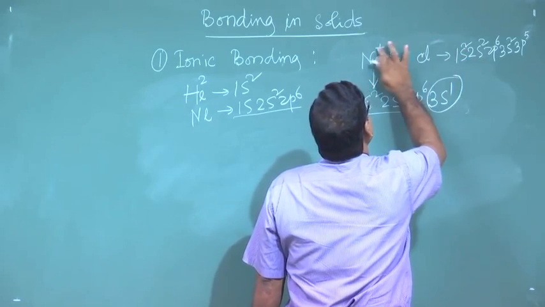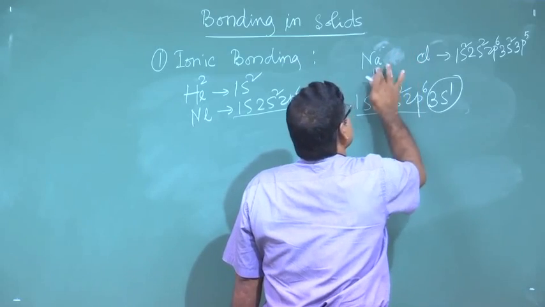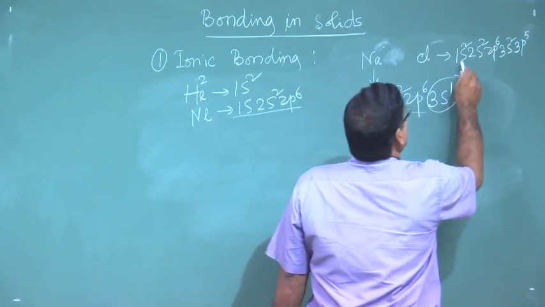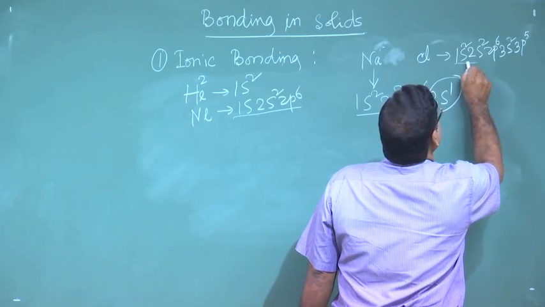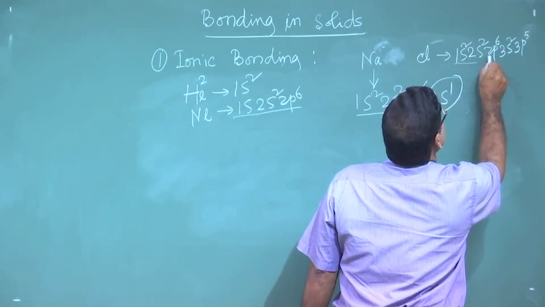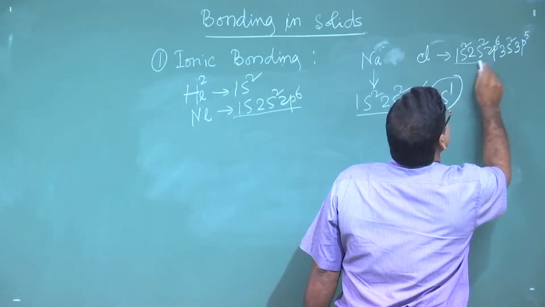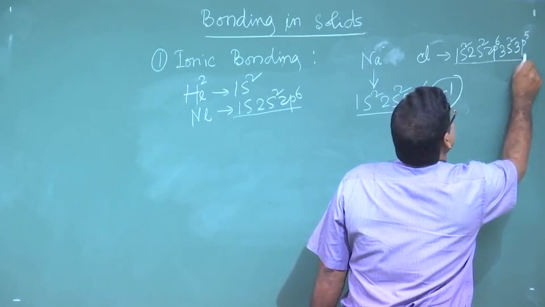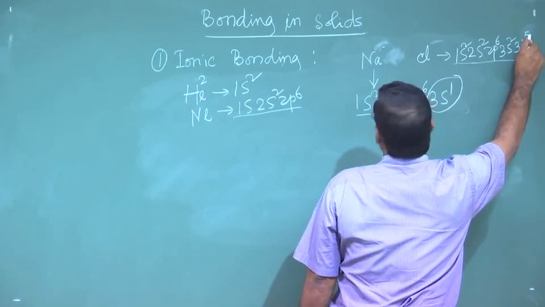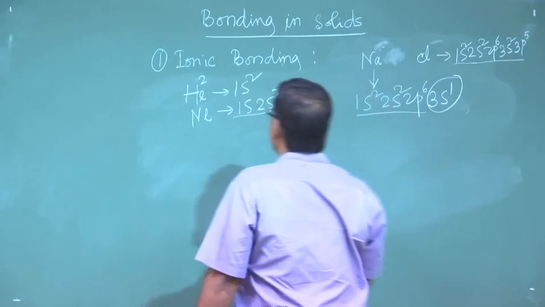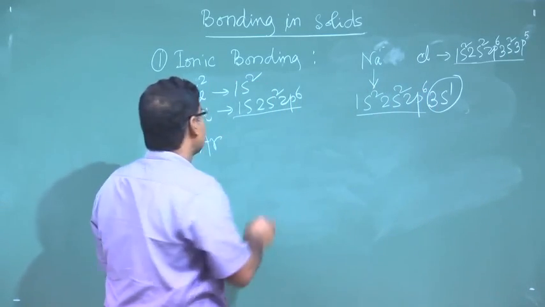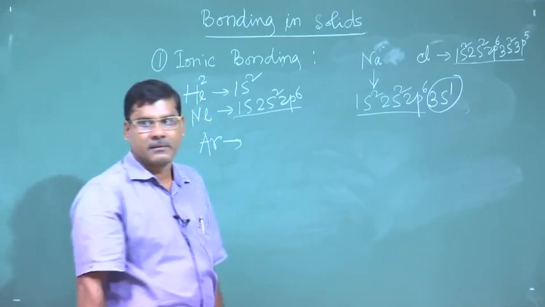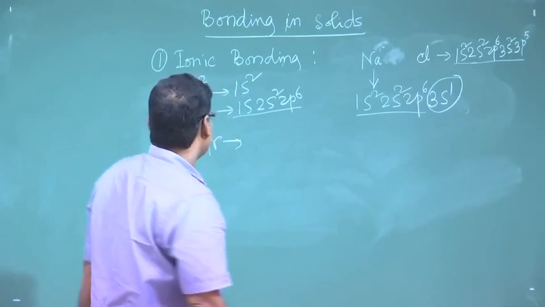For chlorine, the configuration is 1s2, 2s2, 2p6, 3s2, 3p5. If it gets 3p6, then it will get the next inert gas configuration, that is argon.